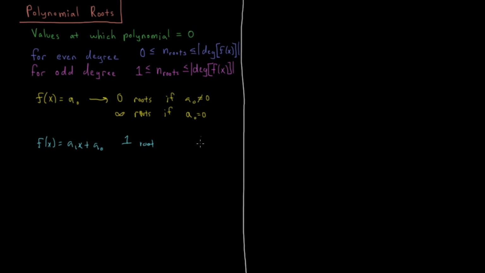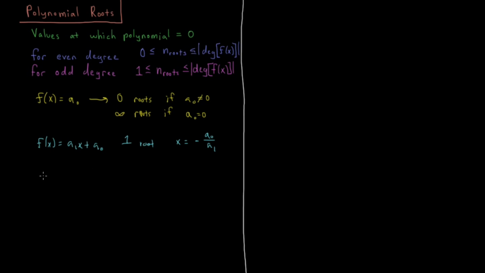So there's going to be one root, and that is going to be at x equals minus a0 over a1. Just as we're taught to solve polynomial equations, 0 equals a1x plus a0, subtract a0 to the other side, negative a0 equals a1x, divide both sides by a1, x equals negative a0 over a1.